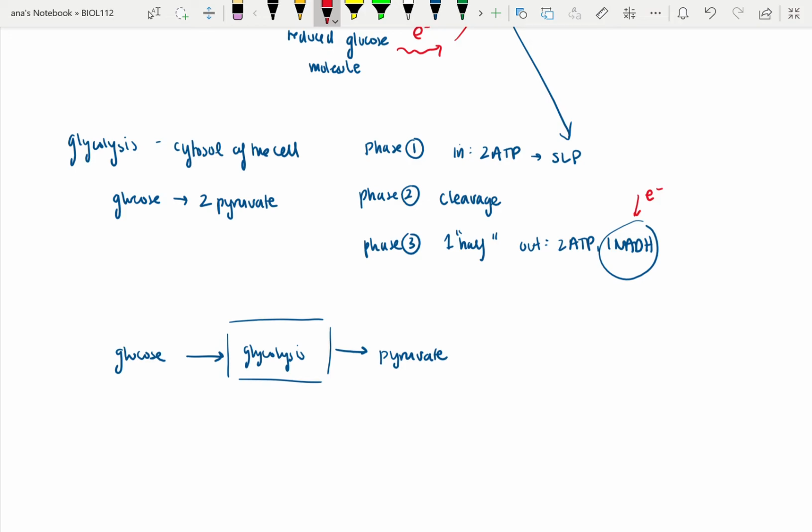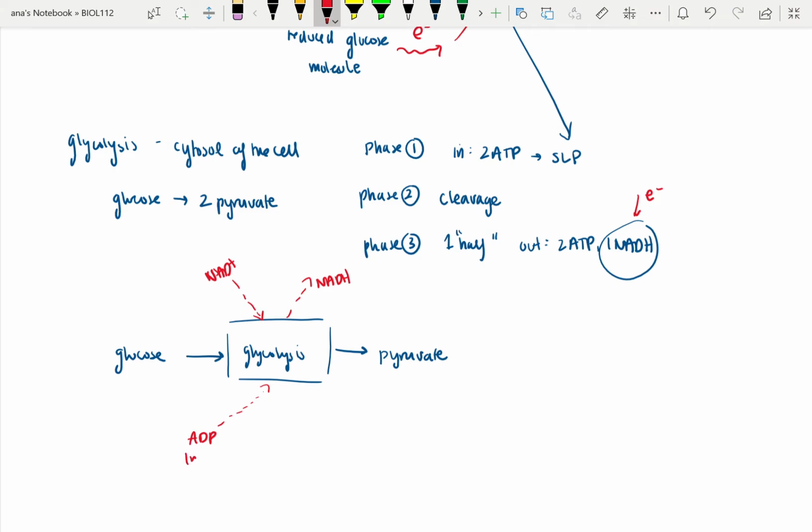So we're going to be inputting NAD plus and outputting NADH, right? Sorry, I don't know what I said, but I meant NAD plus is being reduced by putting electrons onto it in phase 3 and then becoming NADH. We're also going to add ADP as an input.